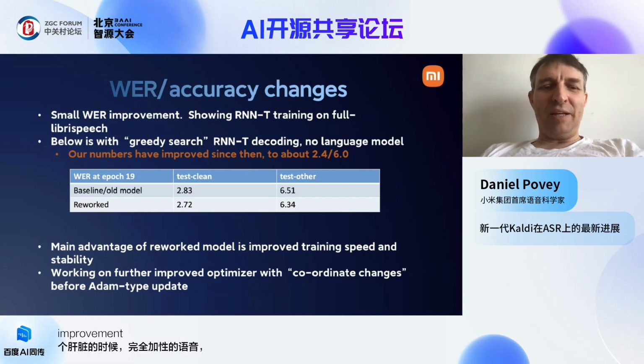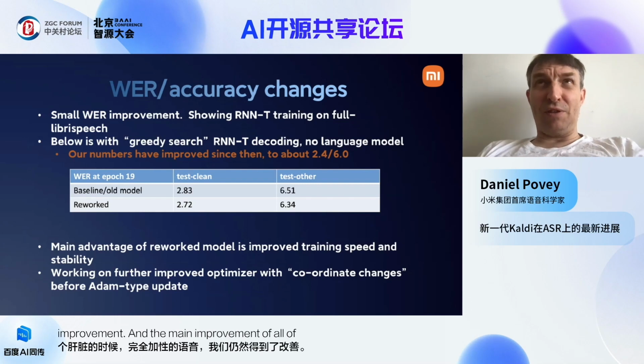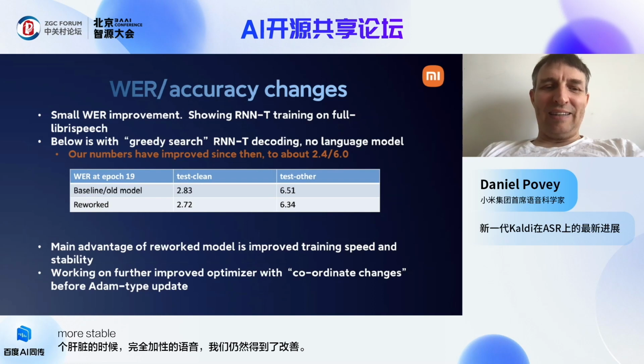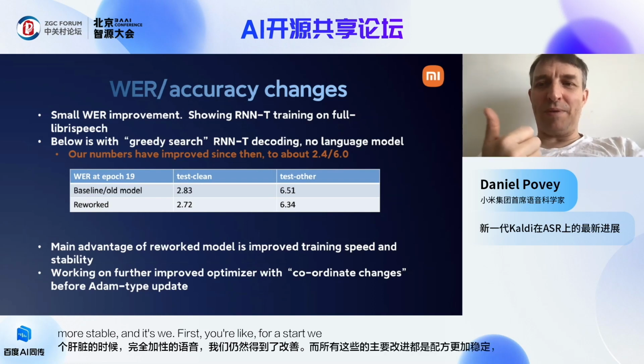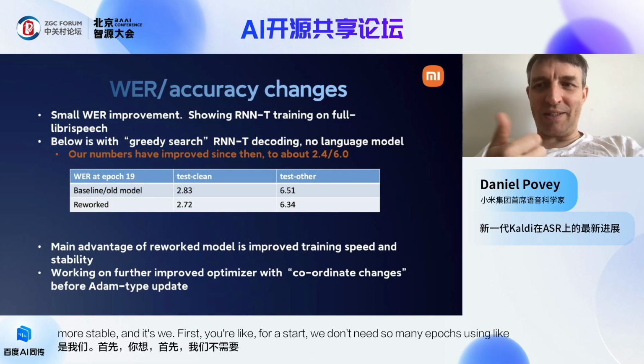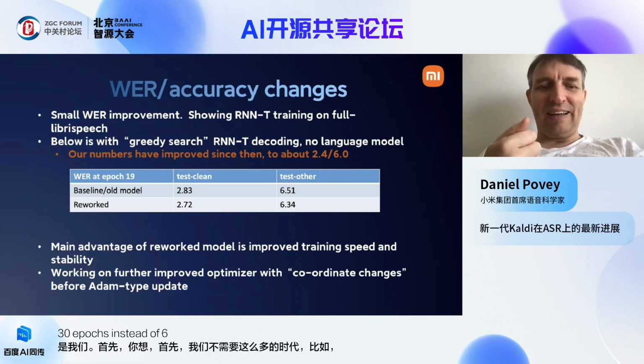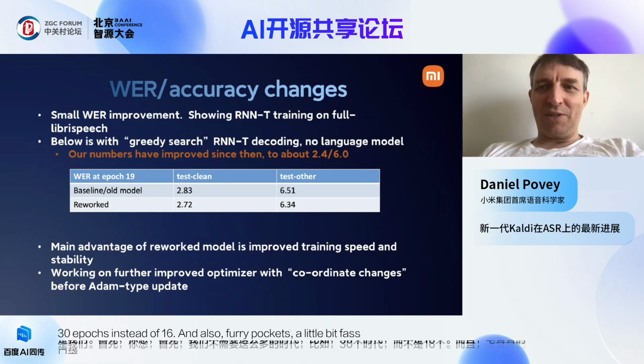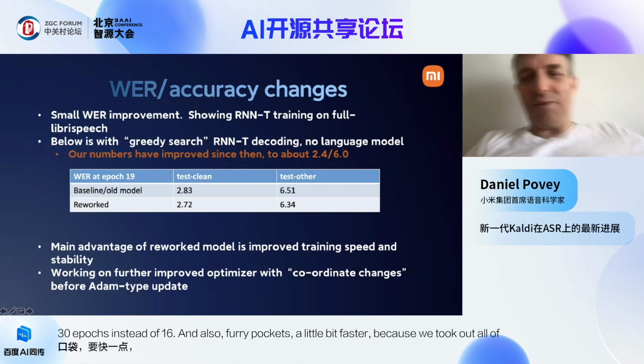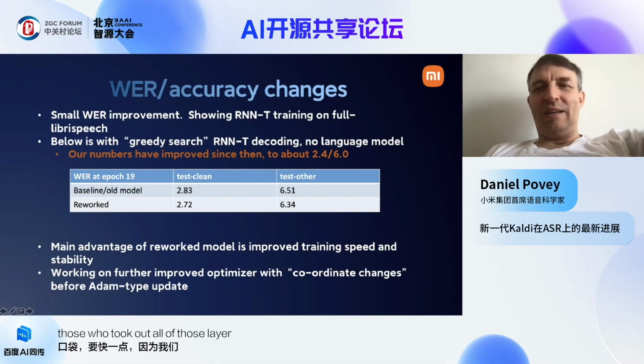And the main improvement of all of these things is the recipe is more stable and it's way faster. For a start, we don't need so many epochs. We're using like 30 epochs instead of 60. And also per epoch, it's a little bit faster because we took out all of those LayerNorms.